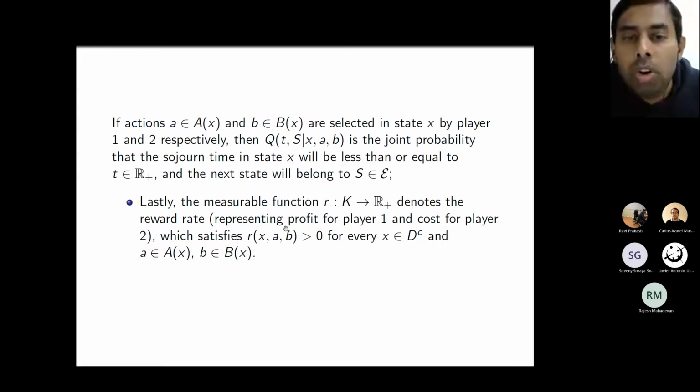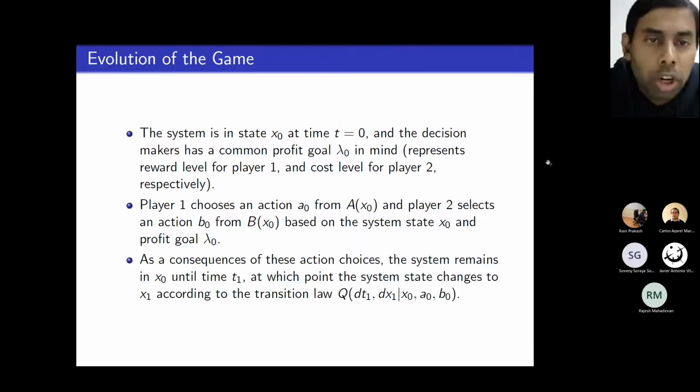It represents profit for player 1 and cost for player 2, and we assume that r(x, a, b) is strictly greater than 0 for every x in D complement. So if the state is a good state, not a bad state, then player 1 gets a positive reward from player 2. Fine. Player 1 is trying to maximize the accumulated reward, and player 2 is trying to minimize it.